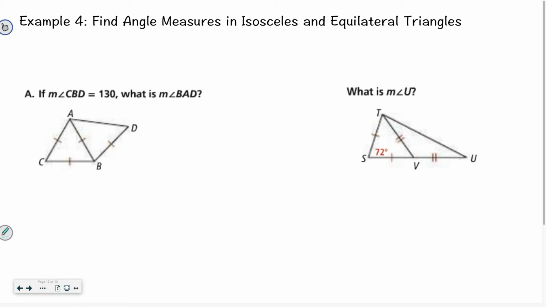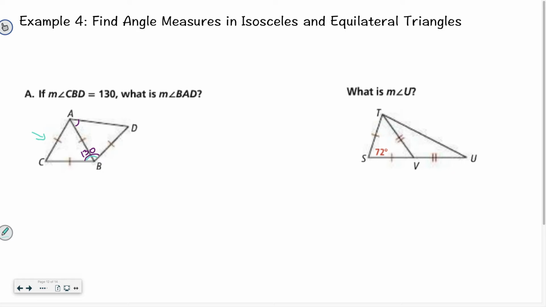So if we start putting these triangles together as a single picture, how do we solve? If the measure of angle CBD, so we have this right here, is 130 degrees, what is BAD? So then I want to know what this one is. Okay, so I know this entire thing is 130.